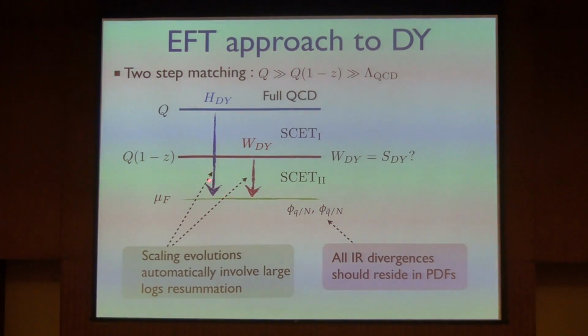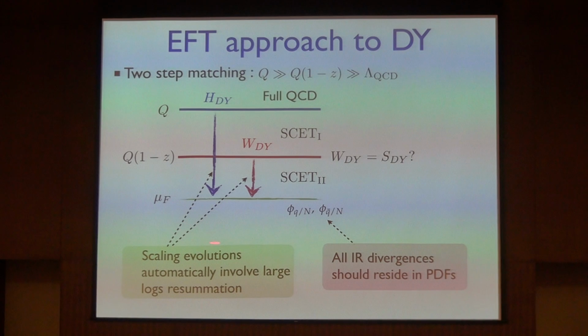So at fixed order in alpha_s, we cannot obtain a precise result. In principle, because of the presence of this logarithm, we have to resum this logarithm to all orders in alpha_s. In SCET, by simply solving the renormalization group equations, we can automatically resum the large Sudakov logarithms.